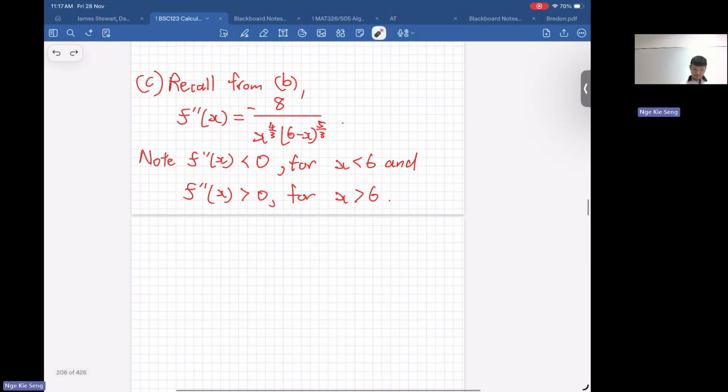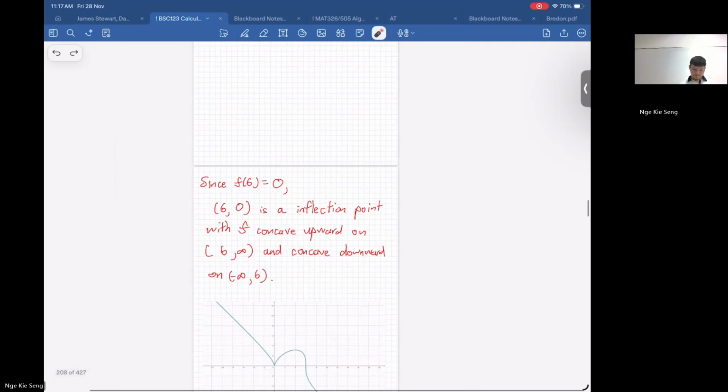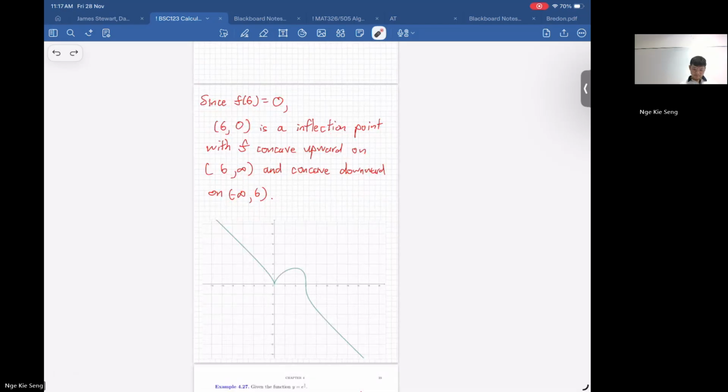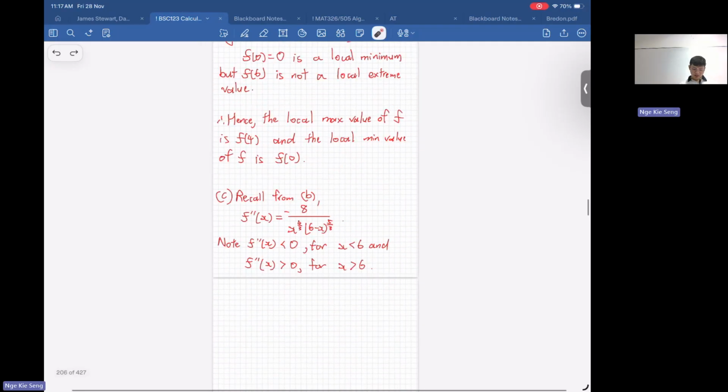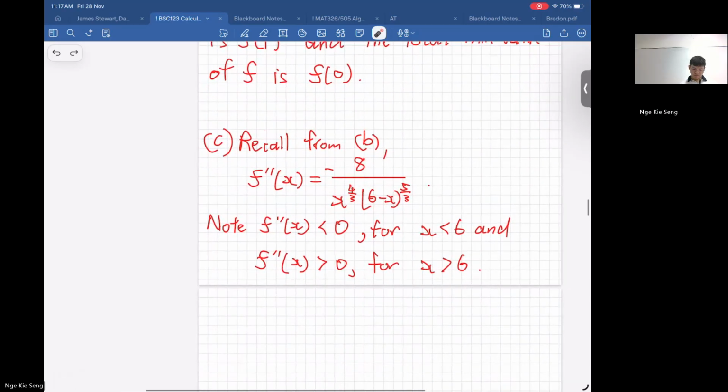Let me see that. So what happened at 0? Zero is an inflection point. Why did I get 0 as an inflection point? Did I get my second derivative wrong?